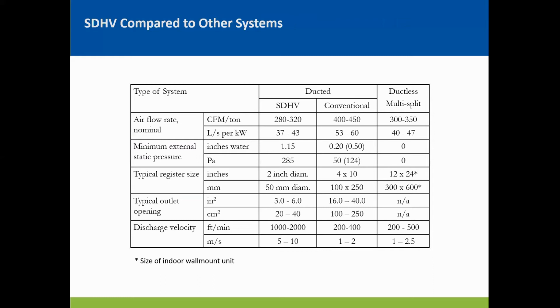Looking at how this compares to a more traditional conventional ducted system, and even a ductless mini/multi-split unit, you can see that the airflow rate is significantly less than what you normally find. Conventional is usually 400 to 450, and the ductless mini splits are typically somewhere in between what a small duct system would be and what a big duct system would be. Minimum external static pressure, that's changing somewhat for the conventional systems.